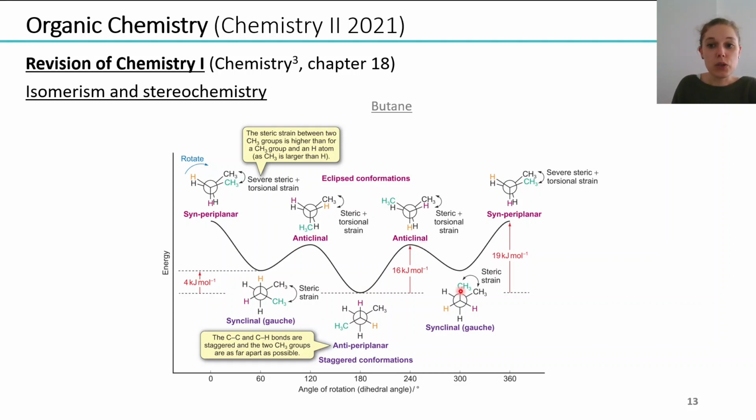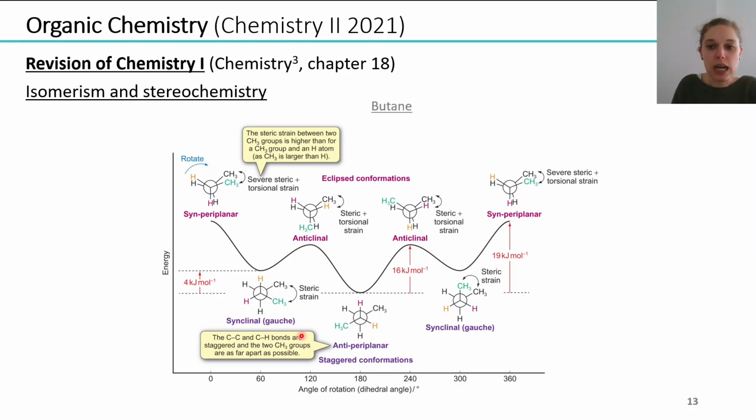And what is now new, we have the so-called syn-periplanar and anticlinal conformations, which are both eclipsed conformations. And then we also have two types of staggered conformations, which are called anti-periplanar and synclinal or gauche conformations.